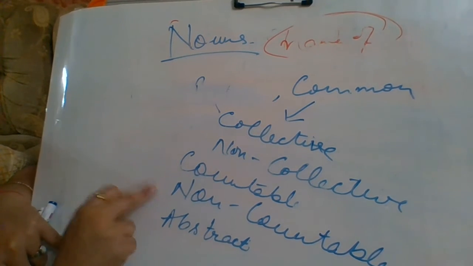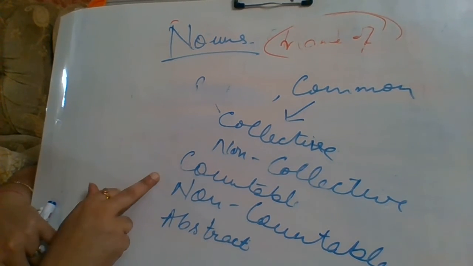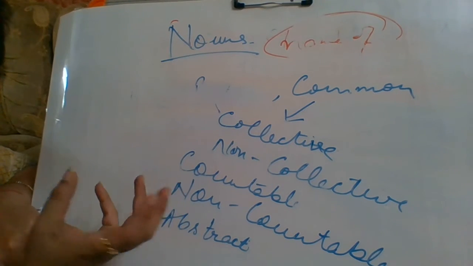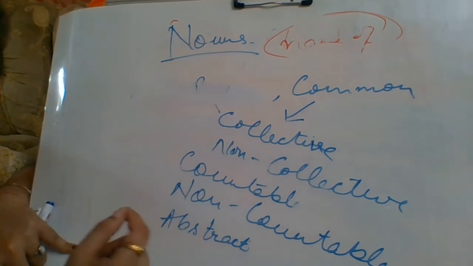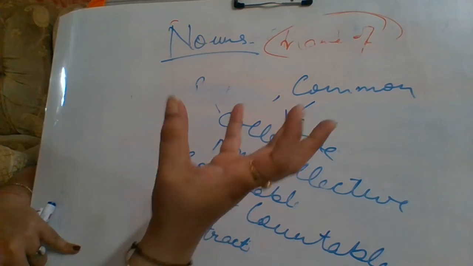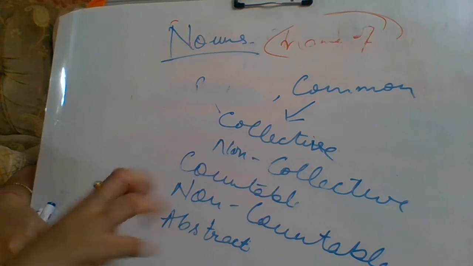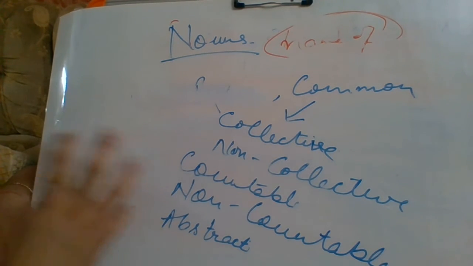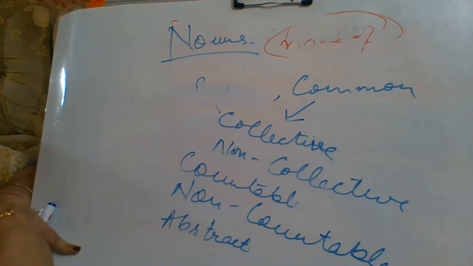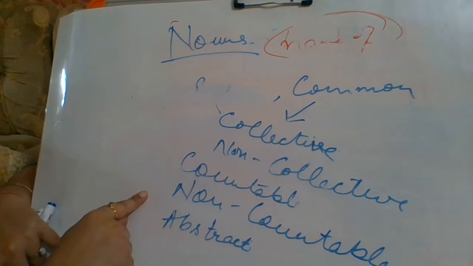Non-countable nouns are those which we cannot count, like milk, water, salt, sugar. You have 1 kg, and you grab some spoonfuls from that packet, and then you can't count how much is left or how much you have taken out, right? So that is non-countable.